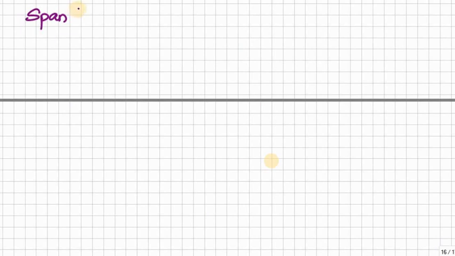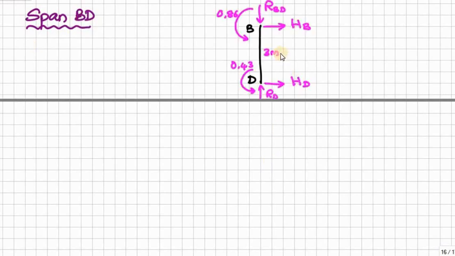Next, consider span BD. Drawing the free body diagram. Here there is no external load, but we have end moments. At B we have minus 0.86, that is anti-clockwise, and at D we have minus 0.43 anti-clockwise, and of course we have some reaction at D, RD, and reaction at B, RBD.